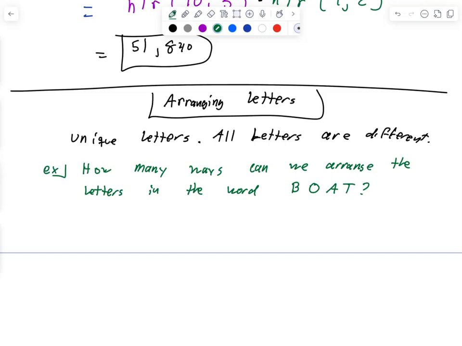We have 4 letters, and we're going to use all 4 letters. So n and r are both 4. For example, this is different than if I said, how many 3-letter words can we create? I could have asked that question, right? How many 3-letter passwords could we create using these 4 letters? But we're going to use all of them. So in this case, just to note, n is 4 and r is 4.